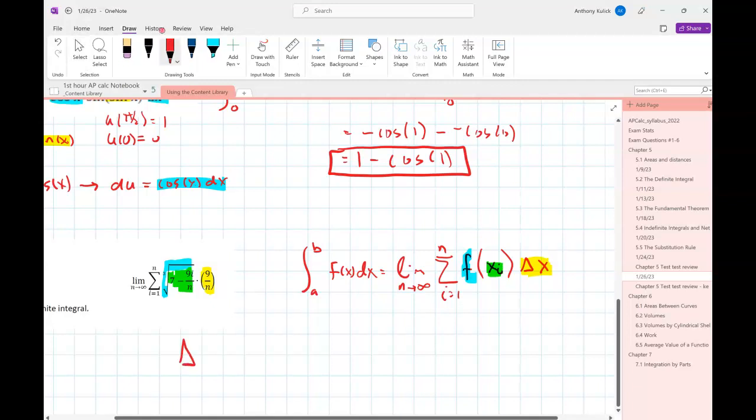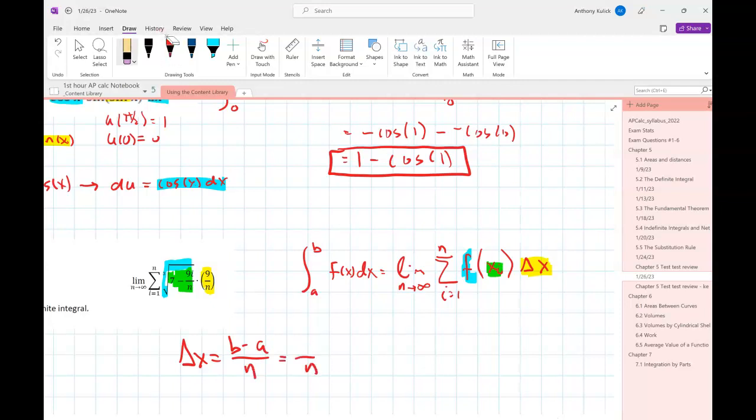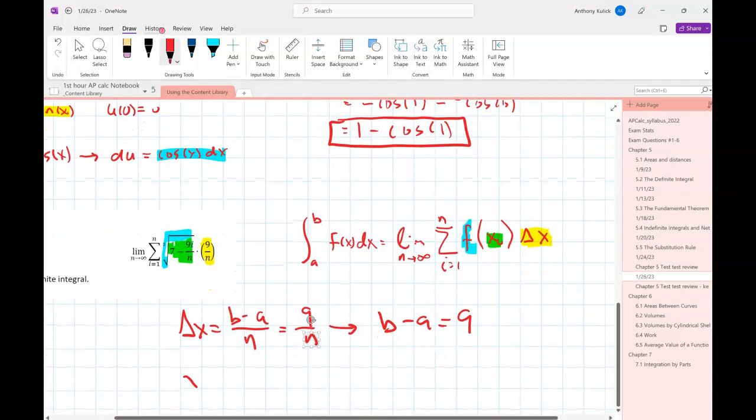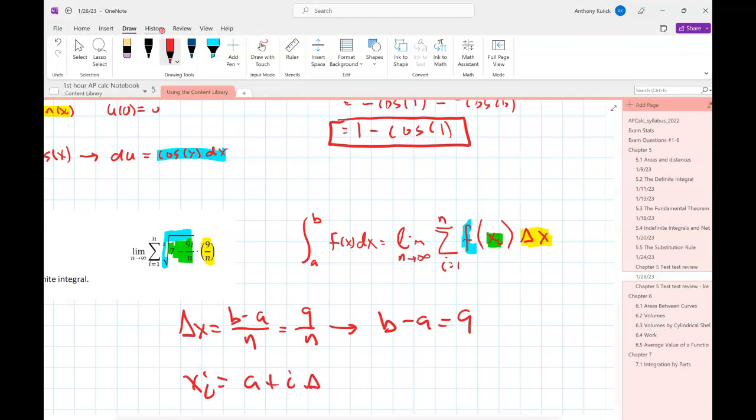I remember that delta x equals (b minus a) over n. So if that's equal to 9 over n, that implies that b minus a has to equal 9. Feel so far so good? I remember that x_i is equal to a plus i times delta x.